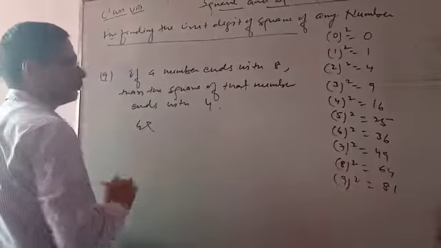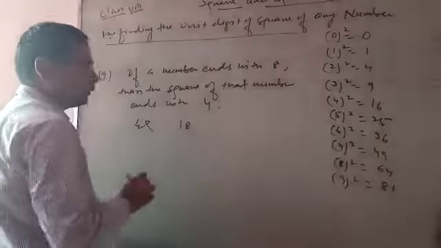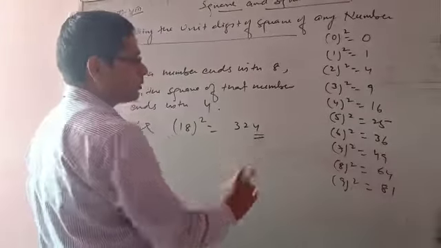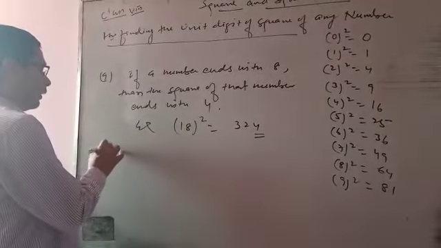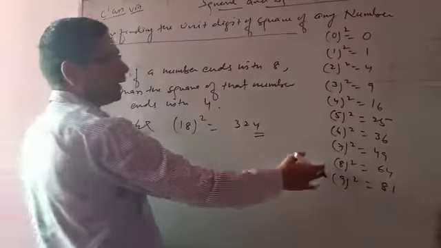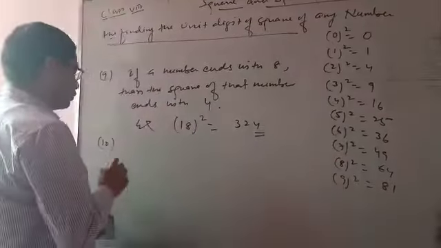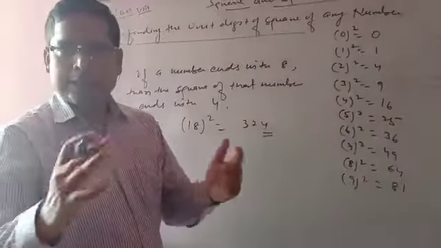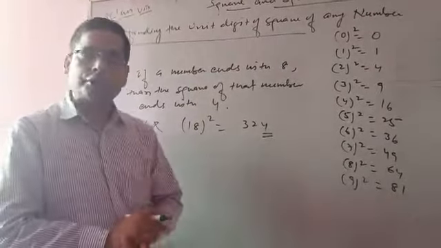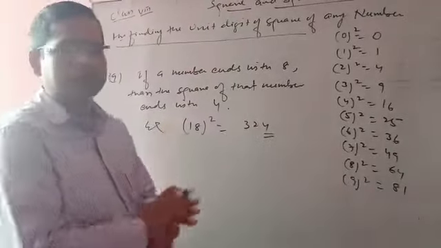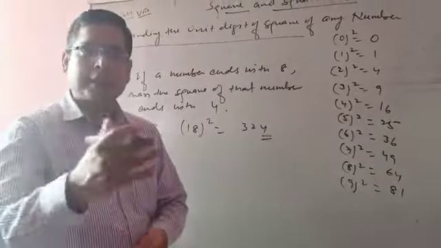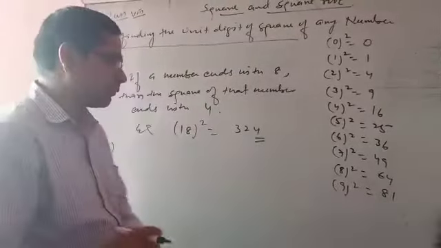For example, 18 square is what? 324. Last में क्या आ रहा है? 4. And last, because we have only 10 digits, 0 to 9. So if you learn all these properties, then you can easily find the unit digit of the square number. यदि इतने सारे सभी याद कर लें आप, तो आप किसी भी नंबर के स्क्वायर के लास्ट में क्या होगा ये आसानी से फाइंड आउट कर सकते हैं.